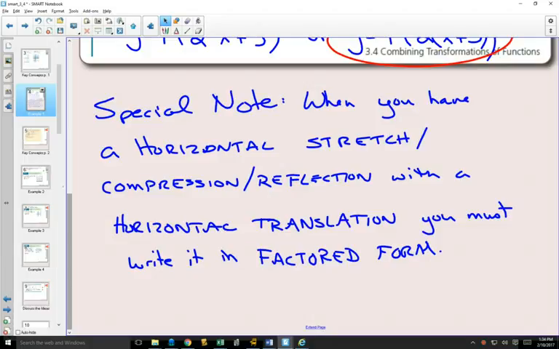We are going to refer to this over and over and over again.